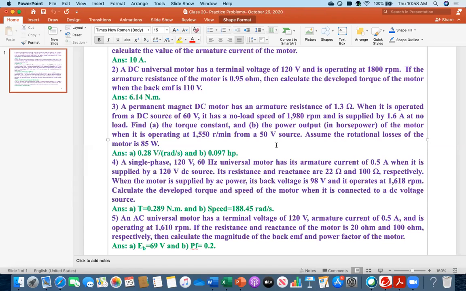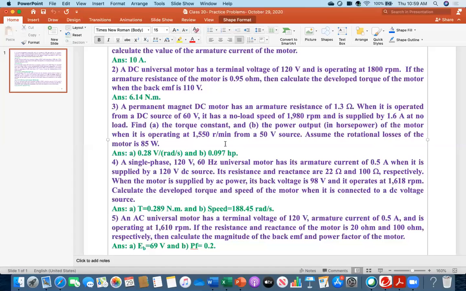Last class we were discussing another question, no load rotational loss, but today we are not asking that. The loss value is given, which is 85 watts, so you have to subtract that. But your EB, back voltage, and armature current should be the new values, not the values from the previous part.